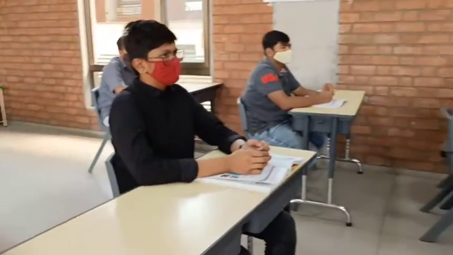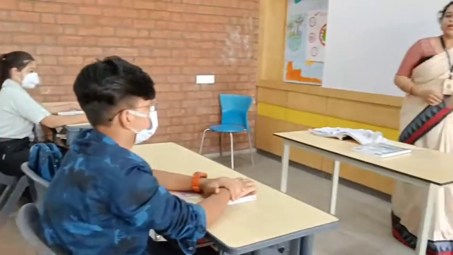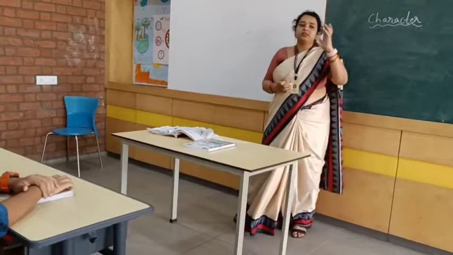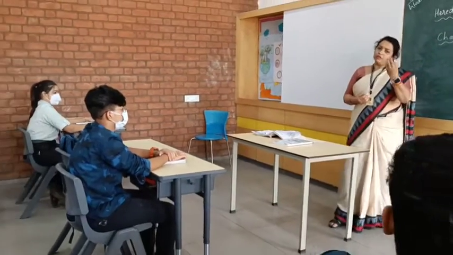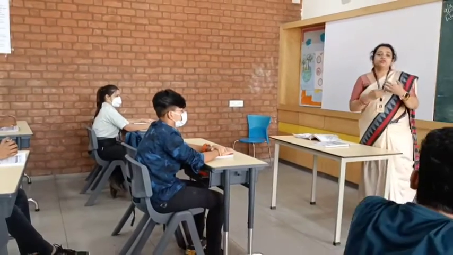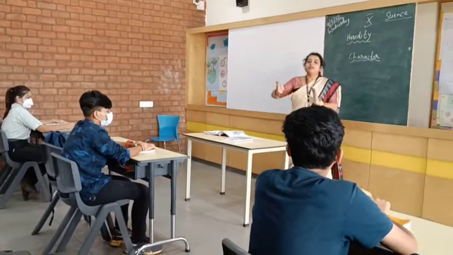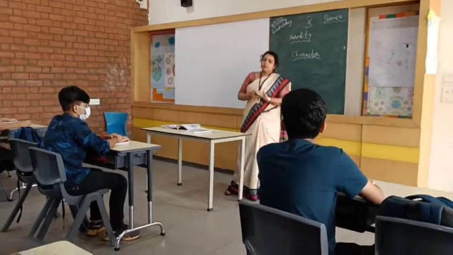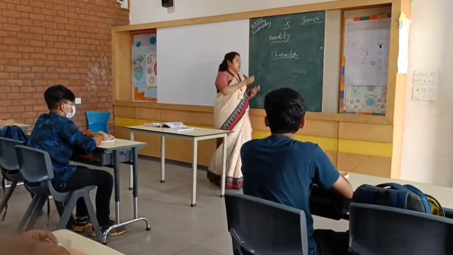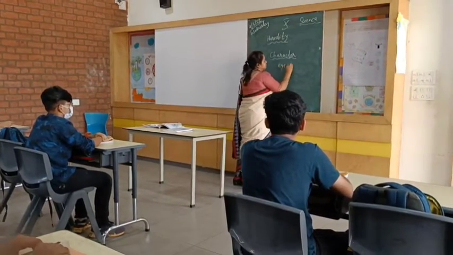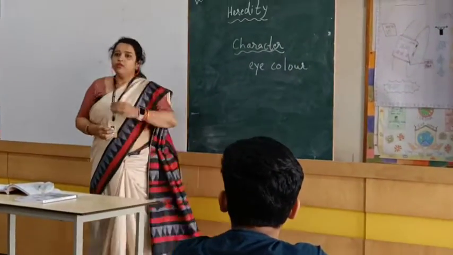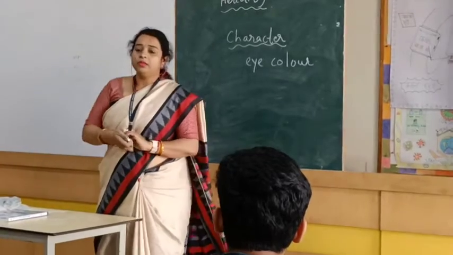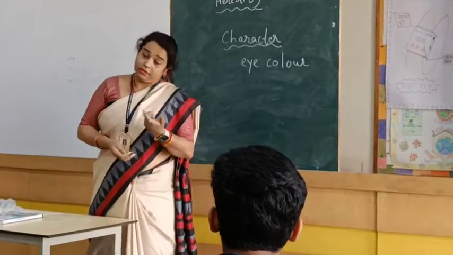Jairaj told me that yes, we have siblings with similar characters. What are those characters? Can you give any example which you found that your siblings have in similarity? Eye color. Will you help me with one more example? Height.